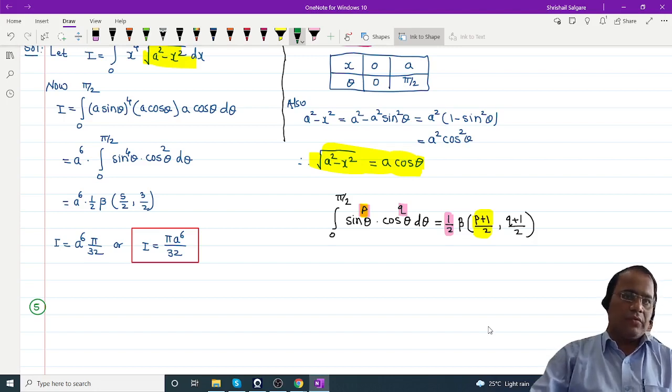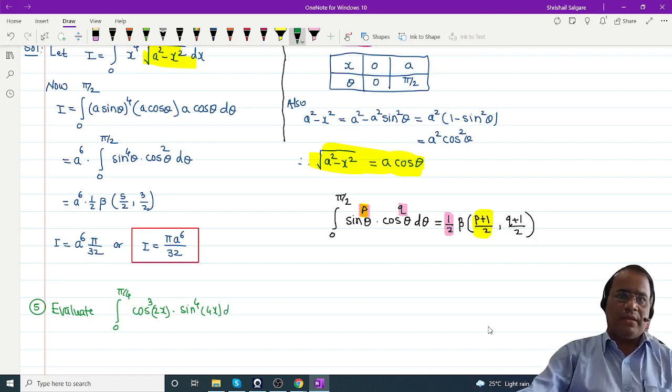So evaluate the integral from 0 to pi by 4 of cos cube 2x into sine raised to 4 of 4x, here also I will use a bracket, dx.